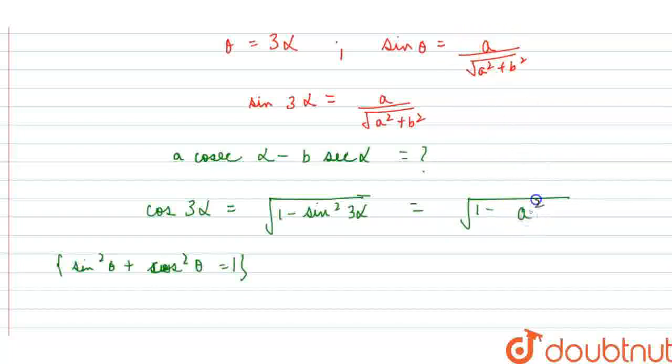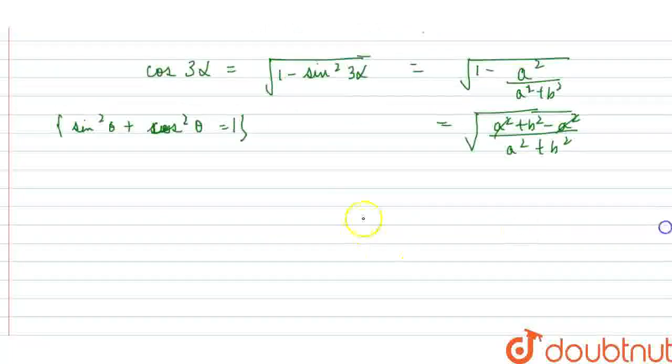Squaring it, I get a square upon a square plus b square. Simplifying it further, I get under the root of a square plus b square minus a square upon a square plus b square. A square and a square cancel out. So what is the value of cos 3 alpha? Cos of 3 alpha is equal to b upon under root of a square plus b square.